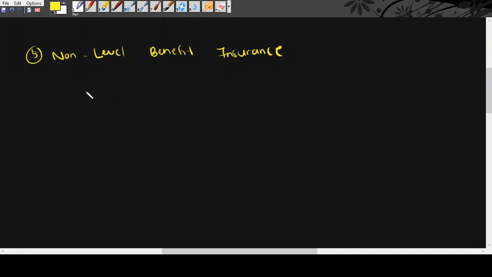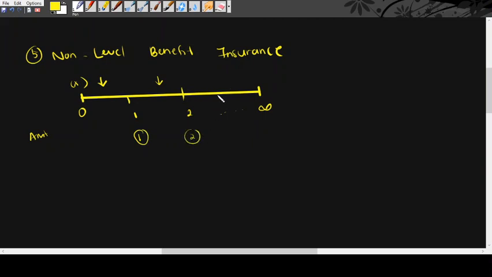So if you look at this timeline, this is time 0, the entrance of the policy, year 1, year 2, and it will continue forever. If the policyholder dies somewhere here, the amount of the benefit will be $1 and it will be paid here. Die somewhere here, the amount of the benefit will be $2. Let's have one more year here. Die somewhere here, $3, and so on.